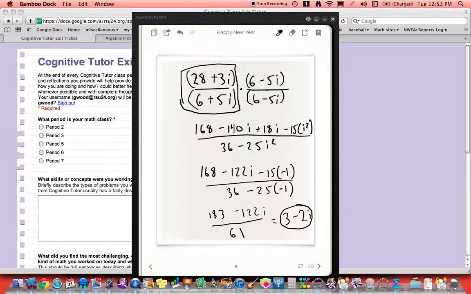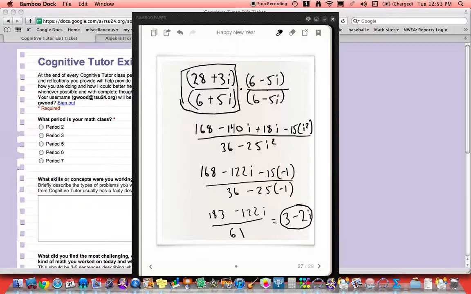I'm going to put parentheses around that. In order to solve a division problem of complex numbers, I multiply by a form of 1. That form of 1 is the conjugate of the denominator divided by the conjugate of the denominator. Bear with me for a minute and hopefully that will come clear to you. The conjugate of 6 plus 5i is 6 minus 5i.